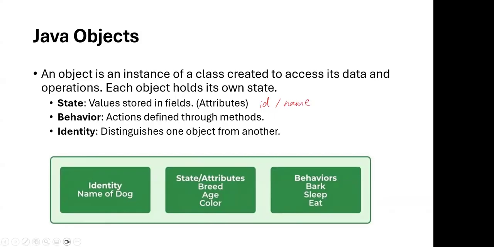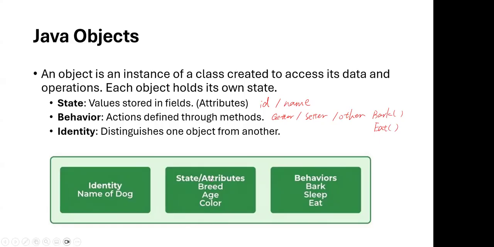And apart from attributes such as the ID and the name, we should have some behaviors, which are actions defined through methods. For example, the getter method or the setter method, which refer to getting the ID or setting the ID, getting the name and setting the name, and some other methods. Like for a Dog, we can have bark or eat methods.